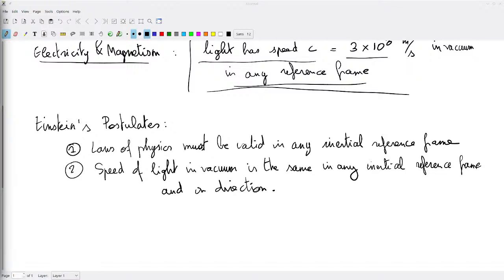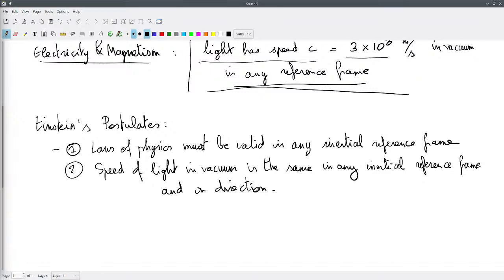So what happens now with Einstein's postulates is that this is really just a transition. In particular, the first postulate is a transition in a long tradition in physics, where, as I said in one of the previous lectures, we started off with a geocentric view of the universe, where the Earth is in the center of the universe and everything spins around the Earth.